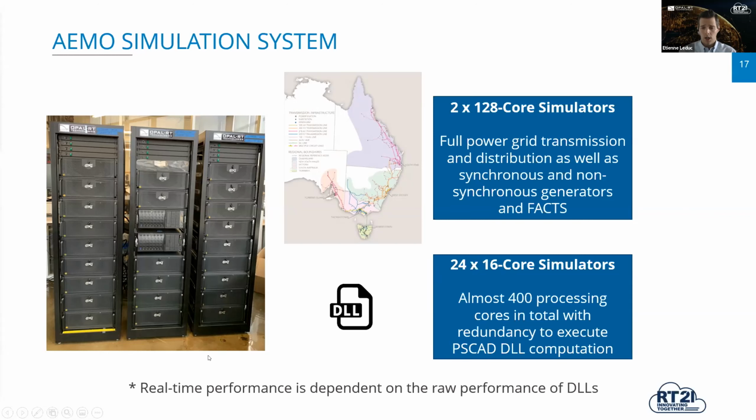And the challenge, as Alistair mentioned earlier, is that achieving real-time performance is dependent on the raw performance of the DLLs. And this is where we really saw a challenge. The DLLs have not necessarily been designed or optimized for real-time simulation, so sometimes DLLs that should take quite short to simulate take a lot more time than would be expected.